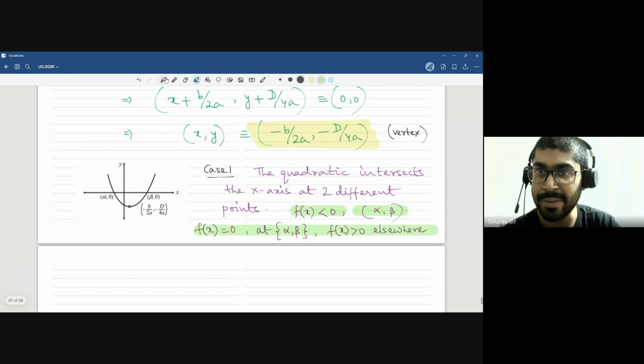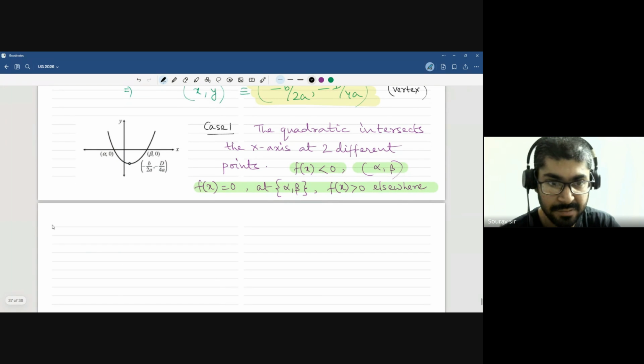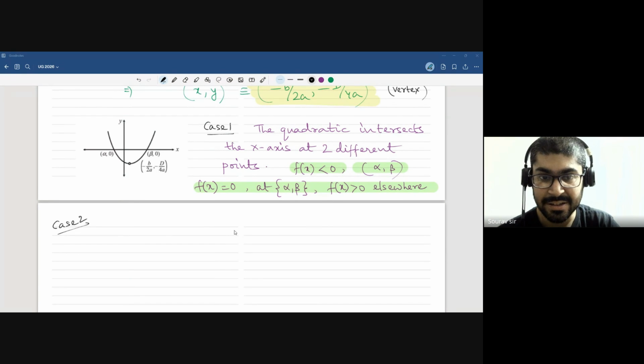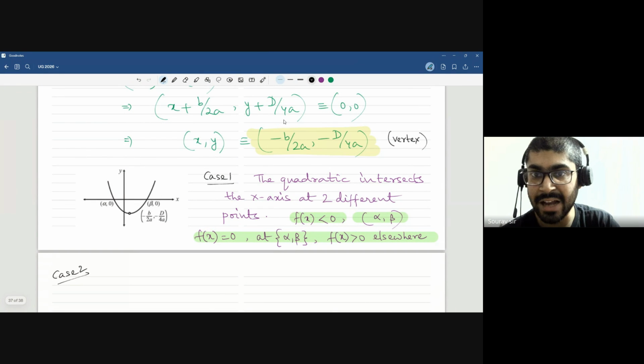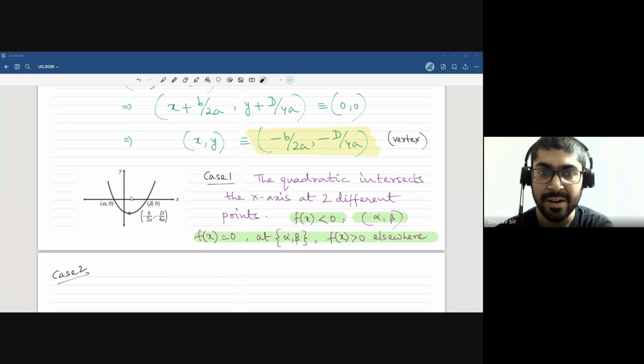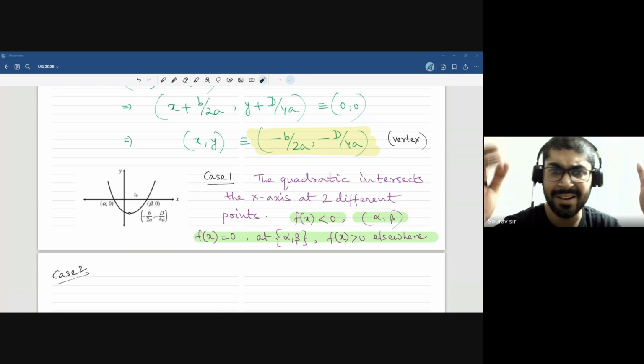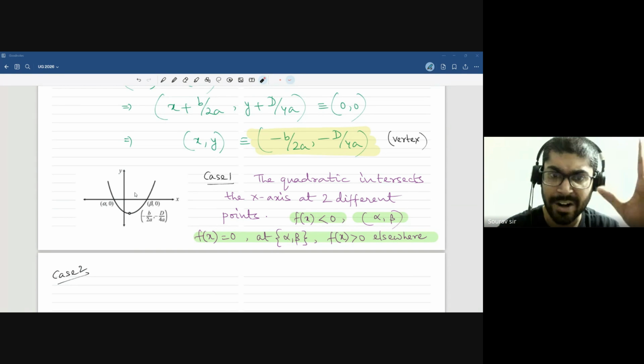Okay, now there will be a few more cases like this. You can imagine the next one. Let us write this as case 2. Again, I'll give you the diagram. Now when will this happen? This will happen when you have normal quadratic equations, that means the discriminant should be greater than 0.